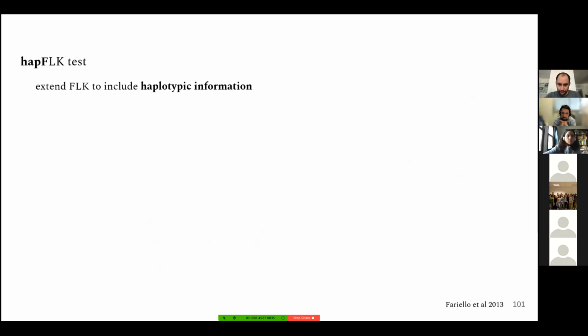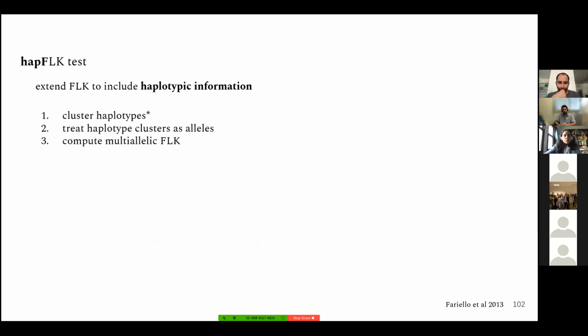So now enter the hapFLK test. This method was developed in 2013 by Fariello et al., and it extends the FLK test to include haplotypic information to detect selection. Now, for the sake of brevity, the rationale is to cluster haplotypes in K clusters using the fastPHASE algorithm, which paints haplotypes according to the similarity of allele classes along the genome, like this.